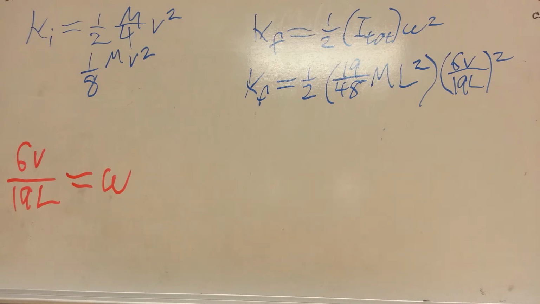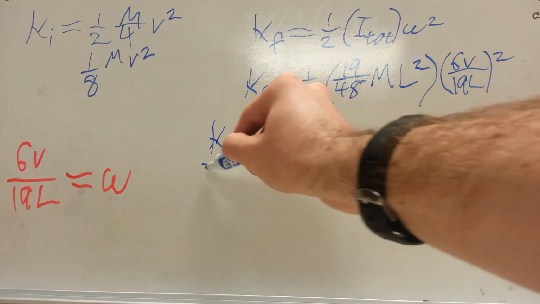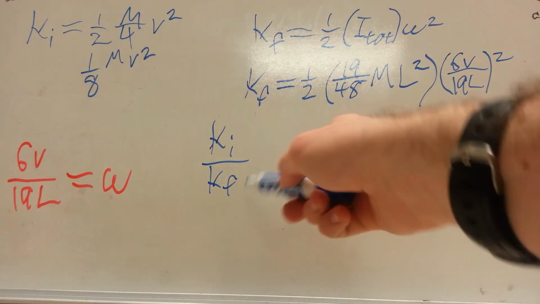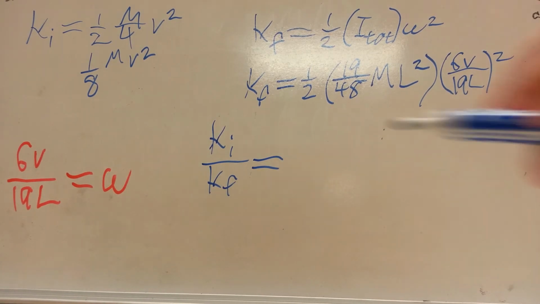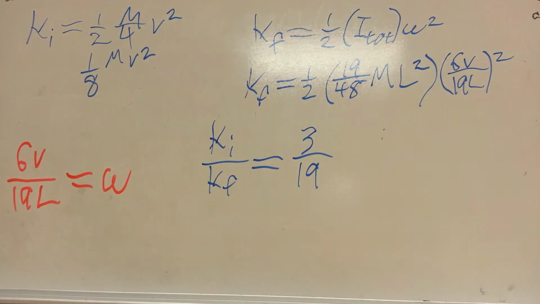So we just divide one by the other, right? Yes. And you get Ki over Kf, because it's asking for the ratio of the initial to the final. So when they do that, you just divide the initial state by the final state. And you get 3 over 19. I'll let you do the nasty algebra, you know, if you really want to.